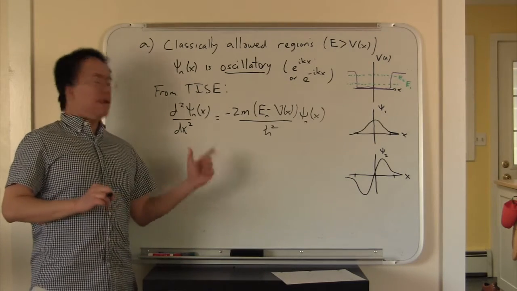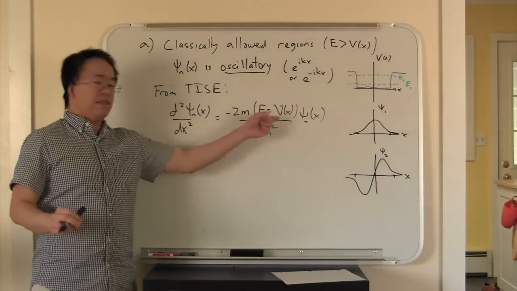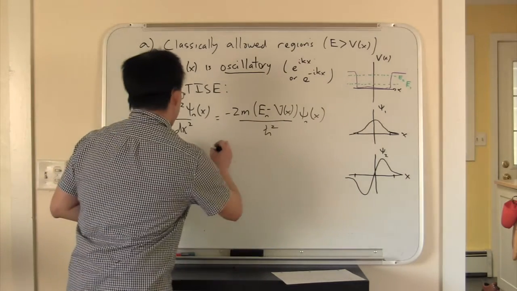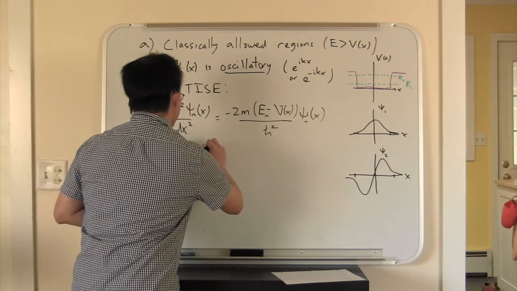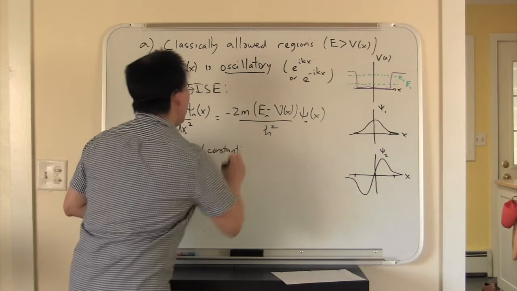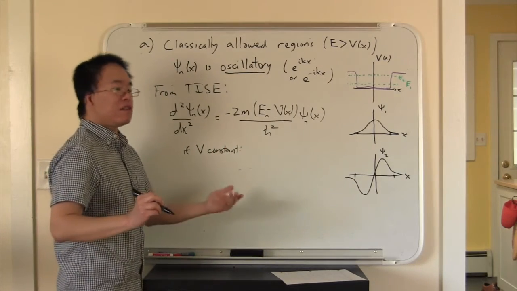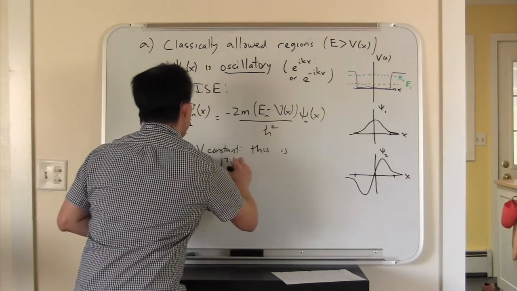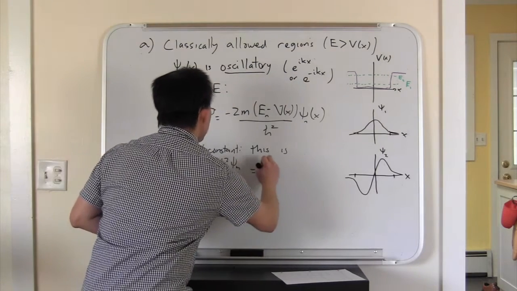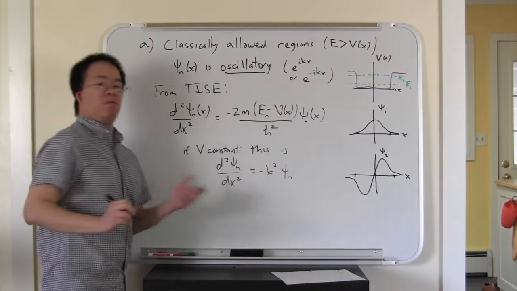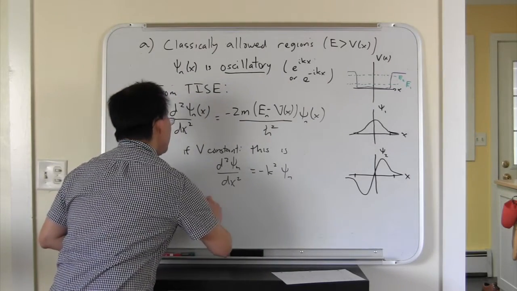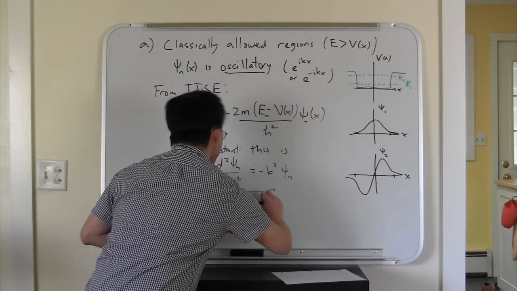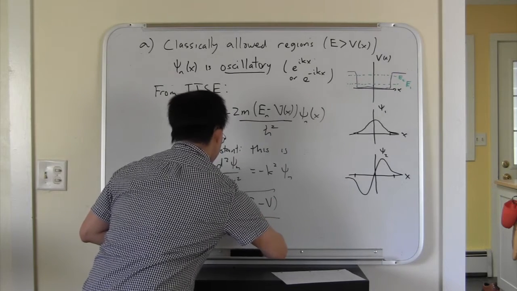We have to be a little bit careful here, but if V is constant over some region, like it was for the finite square well, then this is exactly the harmonic oscillator differential equation, with k equals the square root of 2m (E_n minus my potential energy) all over h bar.